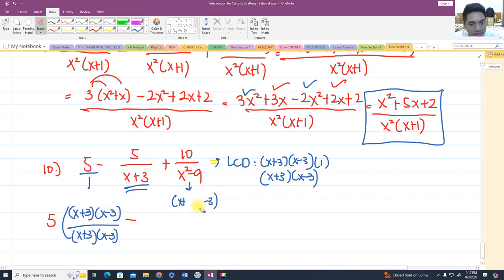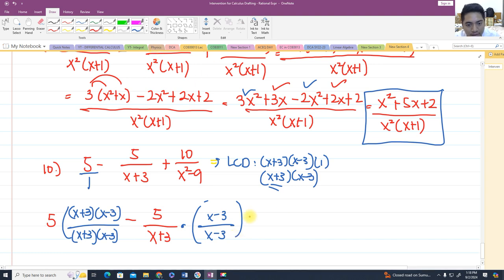Minus, okay, let me just delete this. Minus, you have 5 all over x plus 3. So again, our purpose is the denominator. So if you already have x plus 3, I'm going to only multiply it by x minus 3. And then plus, you have 10 over x plus 3 and then x minus 3.